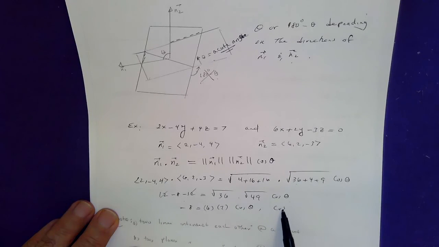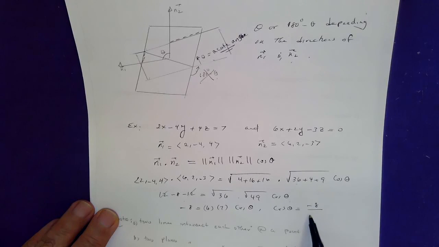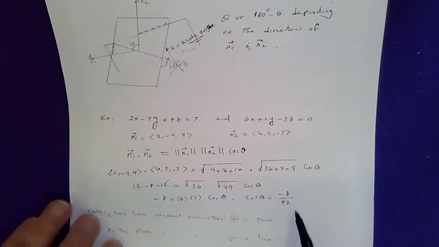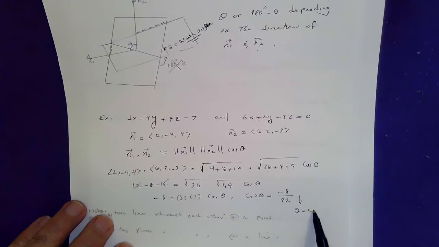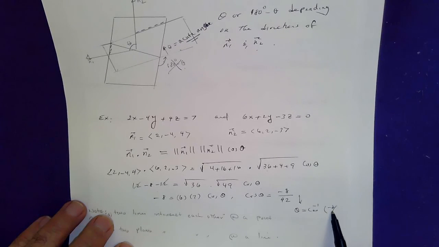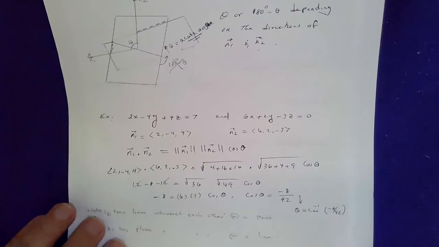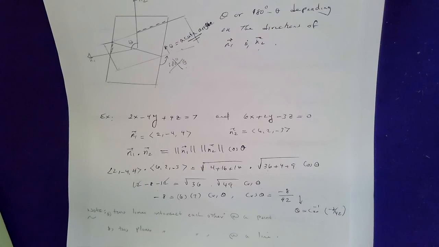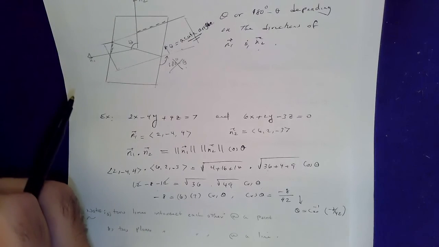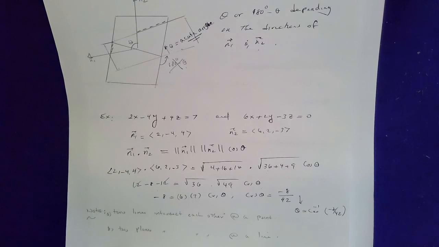And cosine of theta is equal to -8 over 42. So theta is the cosine inverse of -8 over 42. So that's going to give you an obtuse angle, but keep in mind the final answer has to come up as acute.